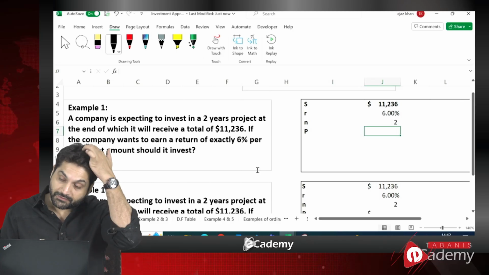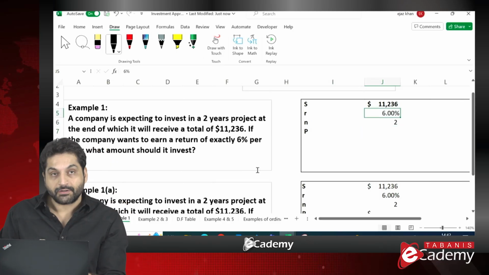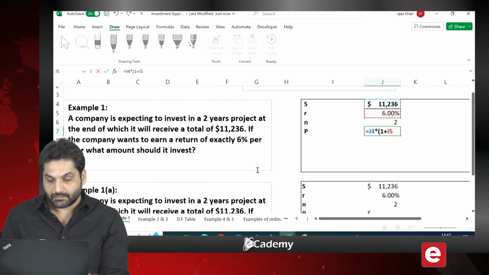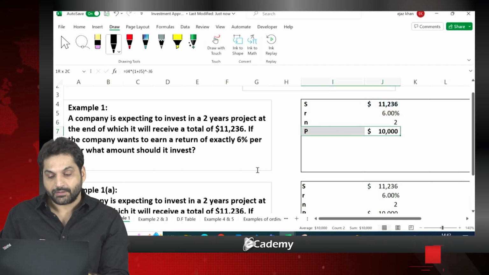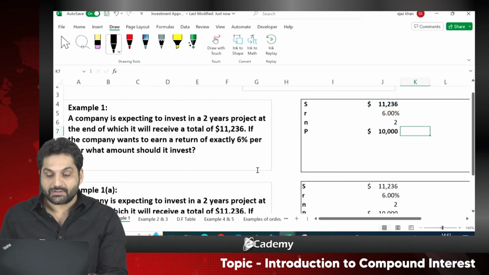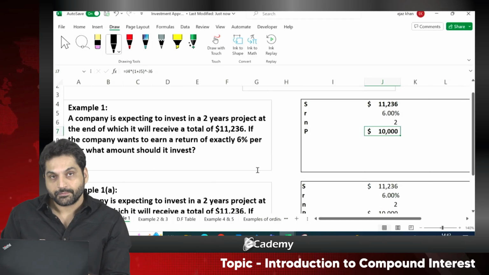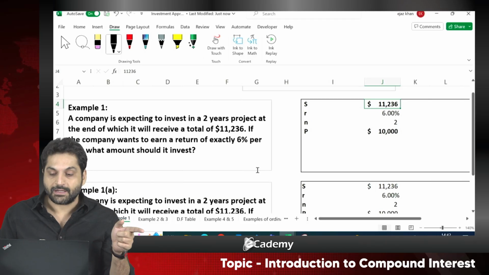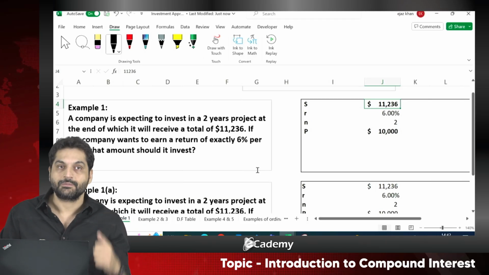So what will be the amount of investment today if we want to earn a return of 6%? So S into 1 plus 6% raised to the power minus 2, 10,000. So if you invest 10,000 today in this project and you add 6% every year, the amount will be 11,236 after 2 years.